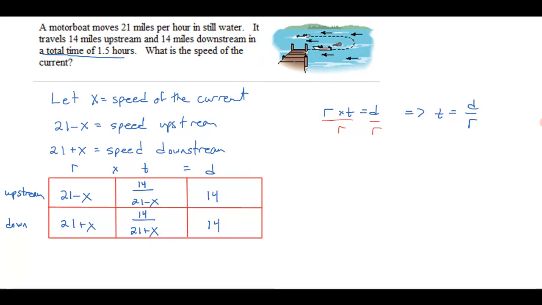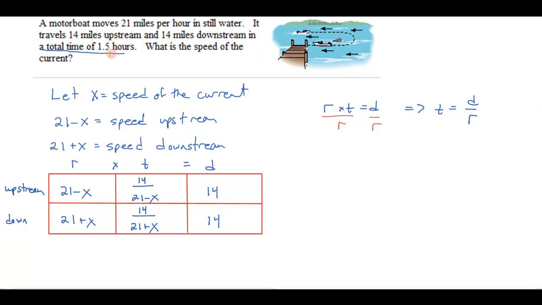Okay? So again, what I know is that the total time is 1.5 hours. So I know that this time upstream plus that time downstream has to add up to be the total of 1.5. So 14 over 21 minus x plus 14 over 21 plus x, that has to equal the 1.5.